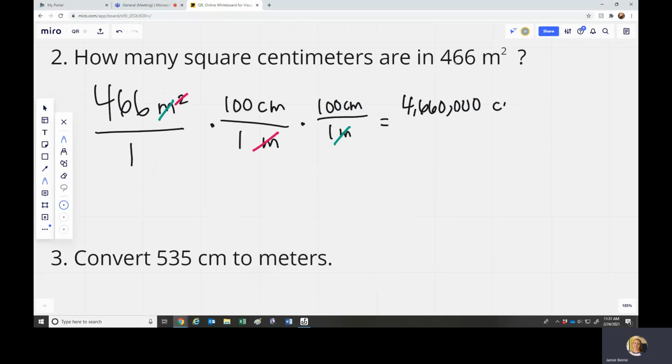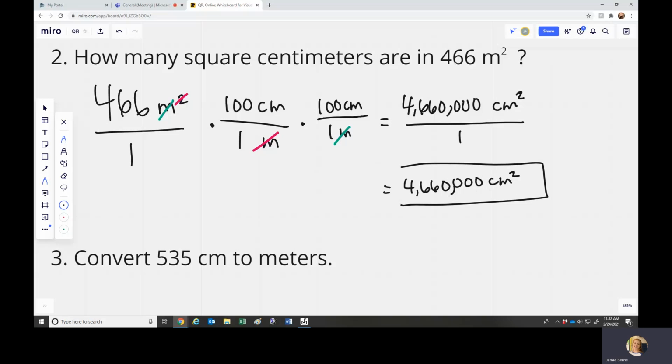Centimeters times centimeters is centimeters squared, all over 1 times 1 times 1 is 1. So that simplifies to just 4,660,000 centimeters squared. Anytime you have square units that you're trying to cancel out, you just have to multiply by that unit factor twice to cancel out both copies of that unit.